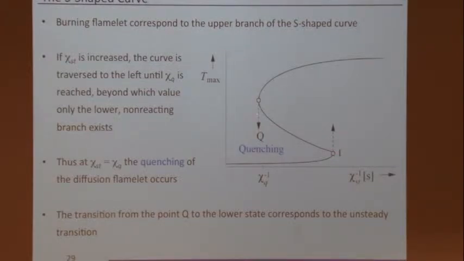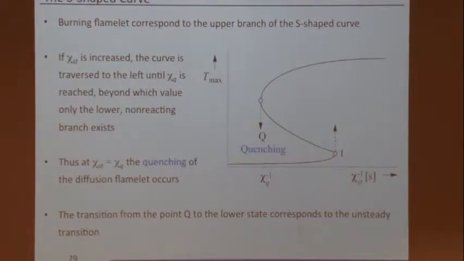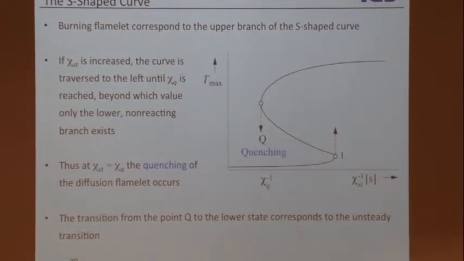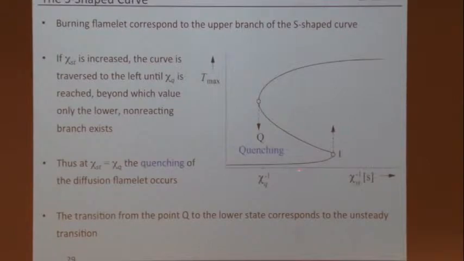So all of these here are solutions to these flamelet equations, and what you see is, first of all, there's a region where you get multiple solutions. That's not surprising because we said this is a very strongly nonlinear system, but for a dissipation rate of this value, you can have one solution here, and one here. It turns out that this intermediate branch that you see here is unstable.